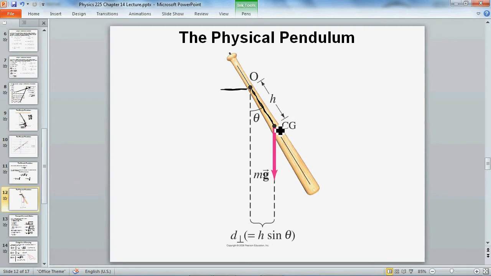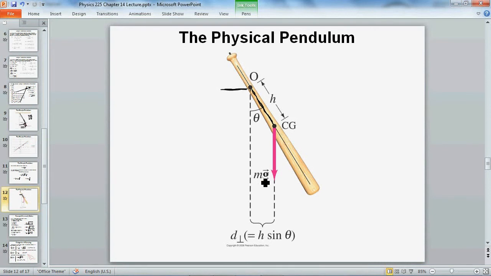Well, if we put the pivot point on the center of gravity, then it's balanced, and it doesn't matter the orientation of the object, it will always be balanced. So there is no oscillation when the pivot point is at the center of gravity. So there has to be some separation between those two.